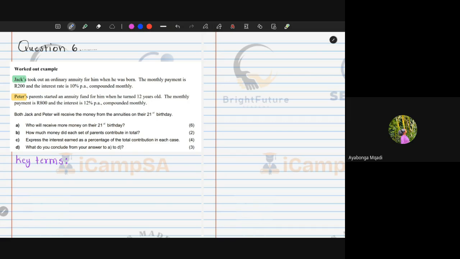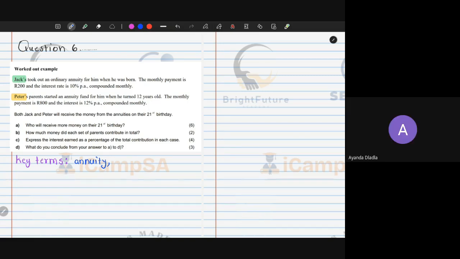Are we all saying we can't see any key term here? I'm going to give it to you, one of them. I see there is annuity. So that says to me, okay, annuity means it's either a future or present value. What else do you see? Because remember, present value is for debt, future value is for investment.